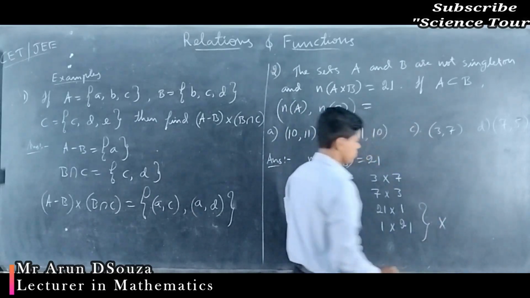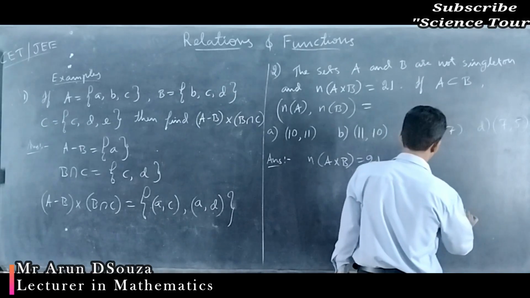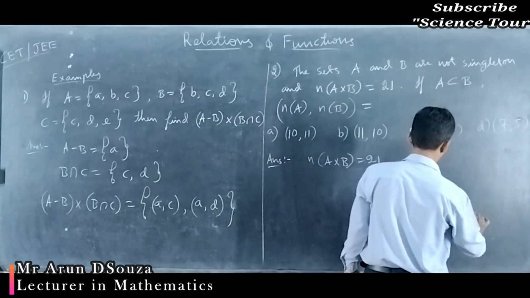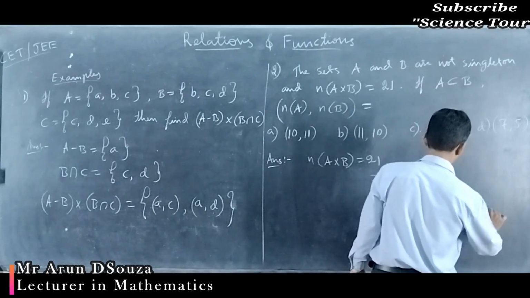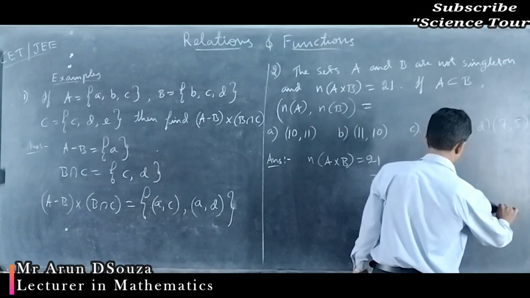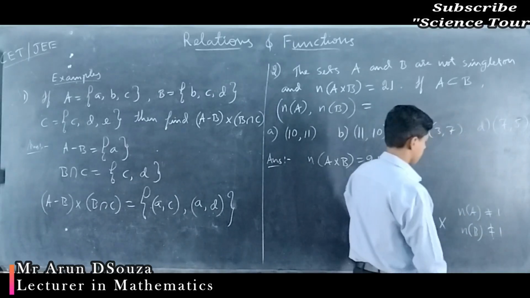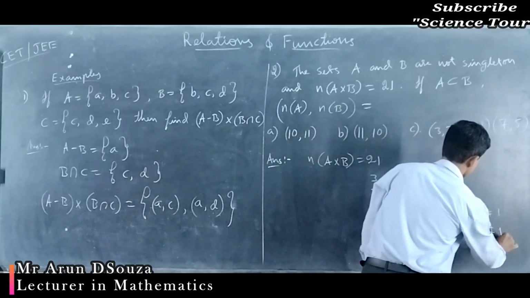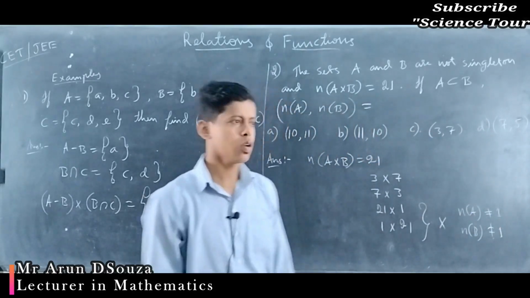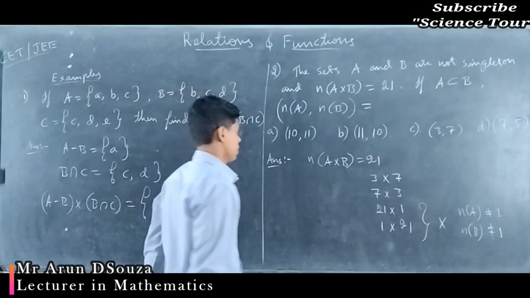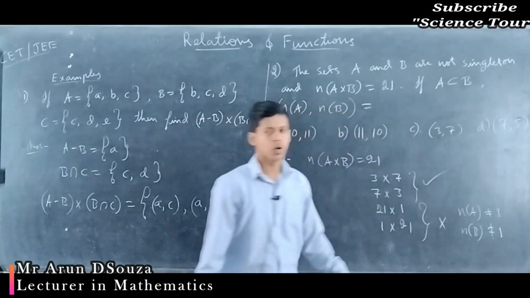Therefore this is not possible, because n of A is not equal to 1 and n of B is also not equal to 1. So only these two things are possible now.